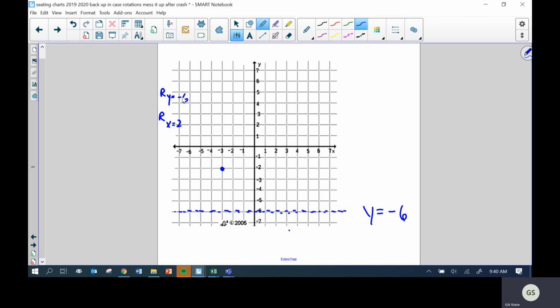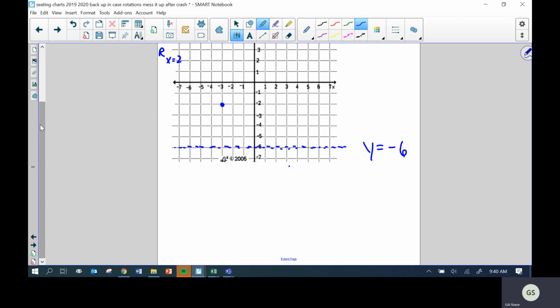So I need to reflect this over that line. Problem is, I go off the graph. Now you can always extend the graph, which is what I'm going to do, but there's also another mathematical way to do it. If I extend it, again, this does not have to be perfect. Your graph does not have to be perfect. You just need to, in your head, be able to visualize it.